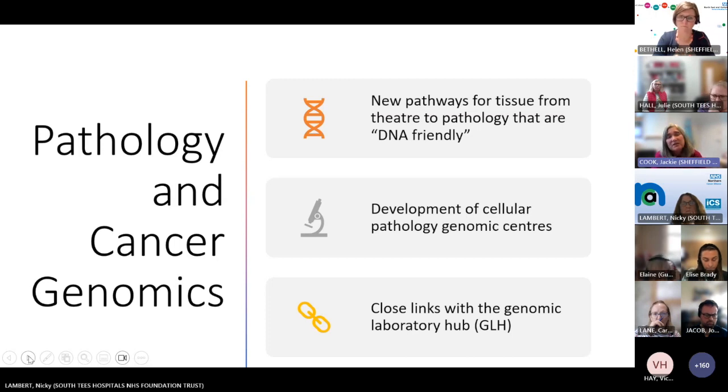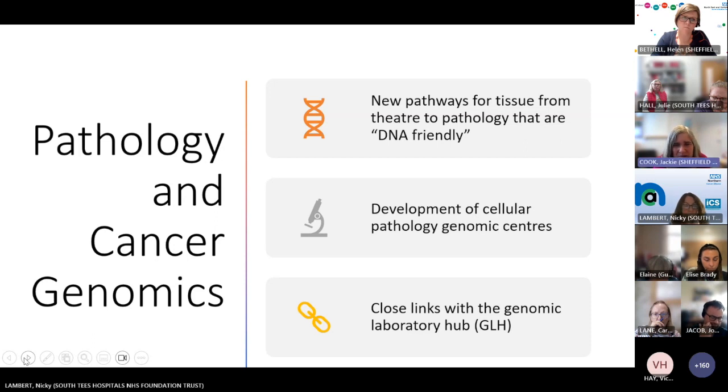And so one of the things that we're now having to think about is our pathways from theatres to pathology labs, and how we can get those tumours to the pathology lab intact with DNA that we can then extract, which enables us to do that testing.